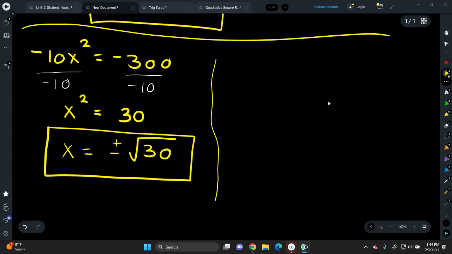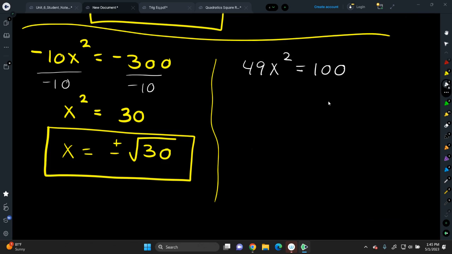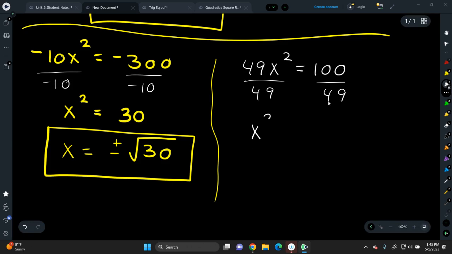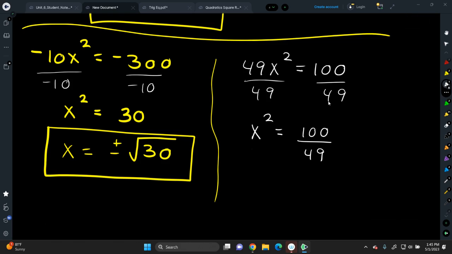Okay, how about this one? Let's do 49x squared equals 100. What are we going to do? Divide both sides by 49. So we get x squared equals 100 divided by 49. Will 100 divided by 49 reduce?